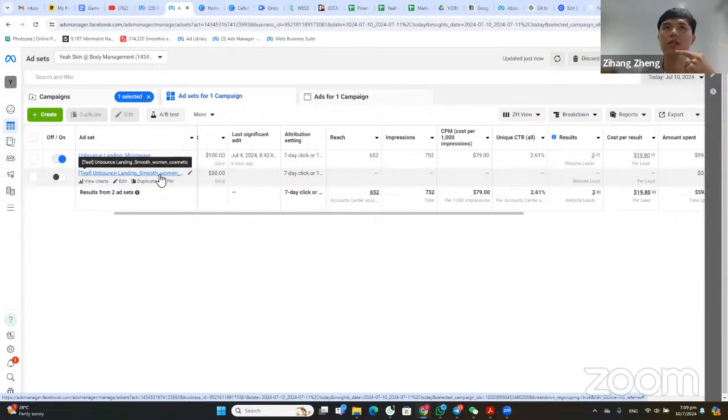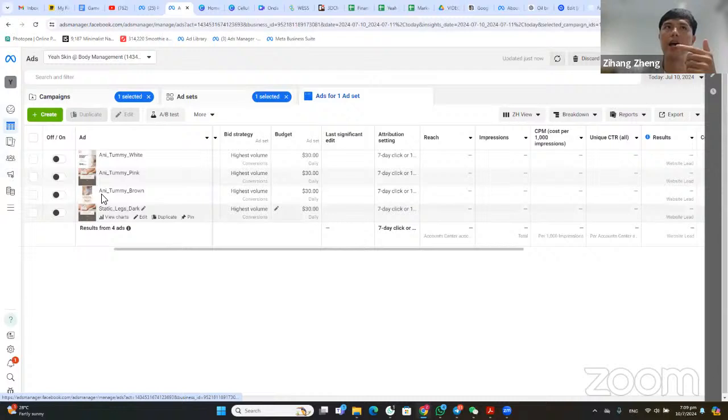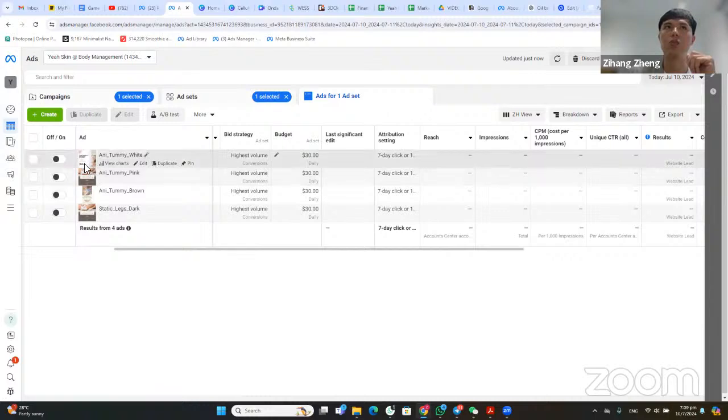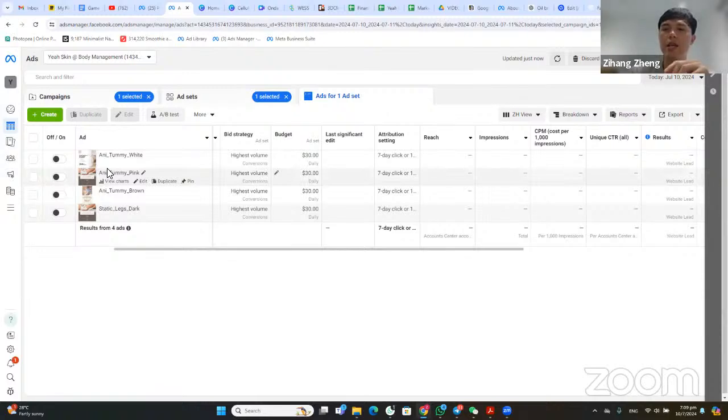I've already created the same campaign here with the new creatives, just that I haven't run it yet. So if that's the way we want to test it, we can run this campaign with new creatives and exactly the same setup as what we had previously for the cellulite.